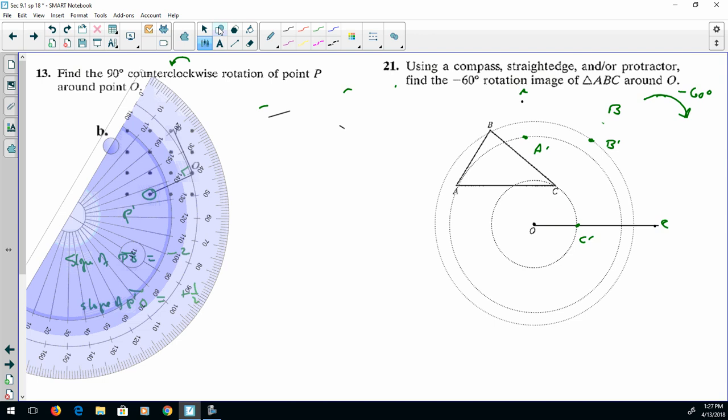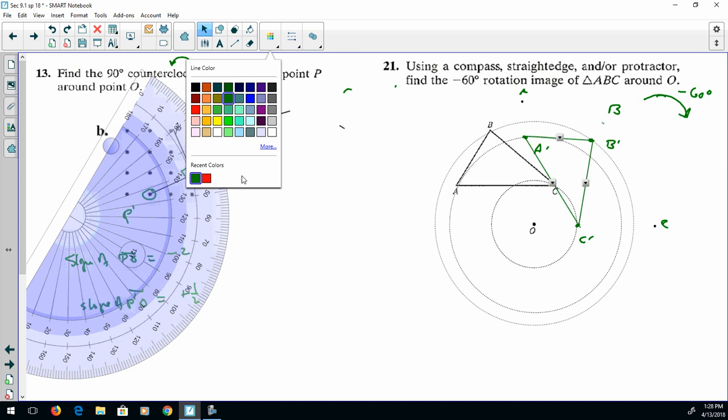So I'm going to go from C prime to B prime, B prime to A prime. And the smartboard stuff doesn't want to work right. And from A prime to C prime. So this new triangle is my rotated image, A prime, B prime, C prime. 60 degrees around. Okay.